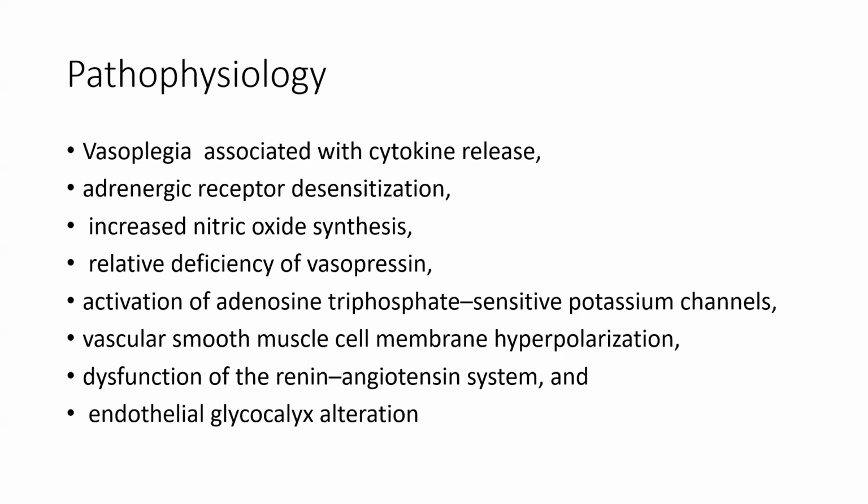This vasoplegia is associated with cytokine release, adrenergic receptor desensitization, increased nitric oxide synthesis, relative deficiency of vasopressin, activation of ATP channels, vascular smooth muscle cell membrane hyperpolarization, dysfunction of the renin-angiotensin system, and endothelial glycocalyx alteration.